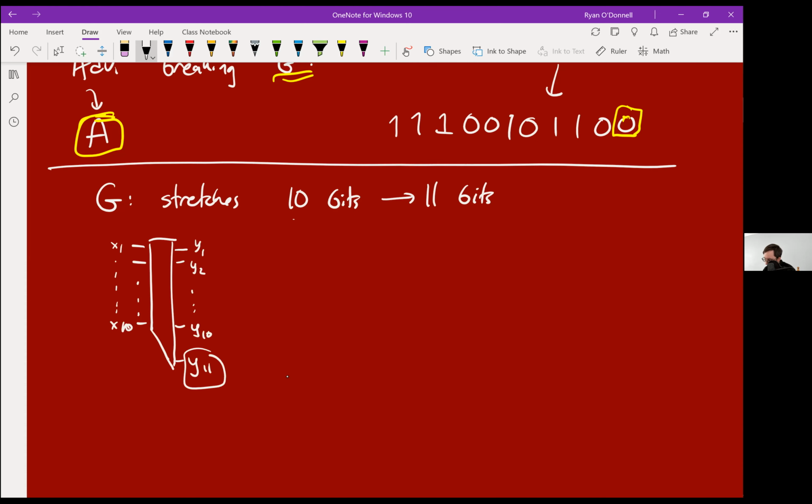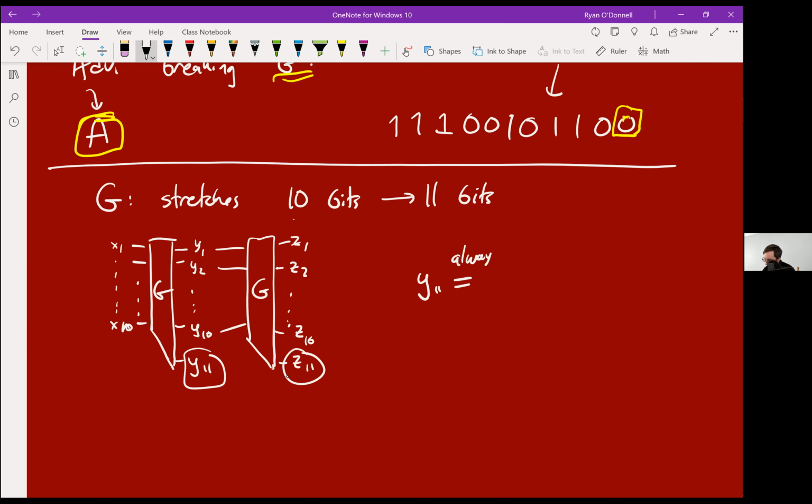And you notice that if you do this and then feed this back into G, what comes out is z1, z2, ... z10, z11, you notice that weirdly, y11 always equals z11.